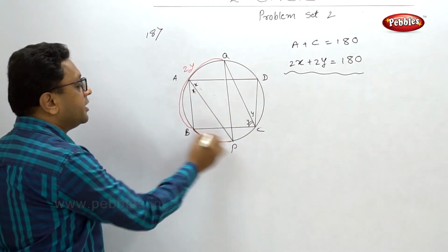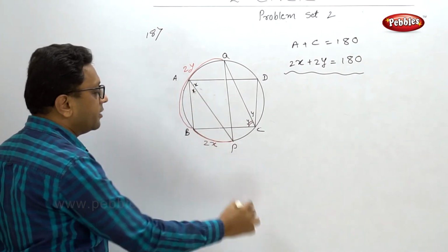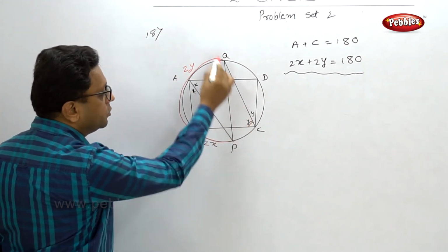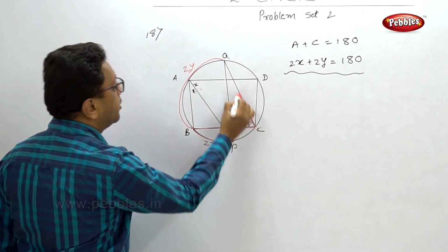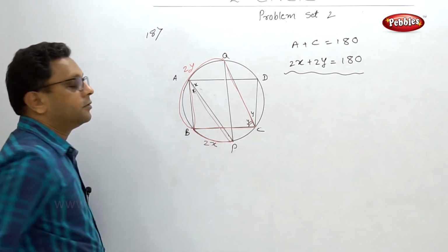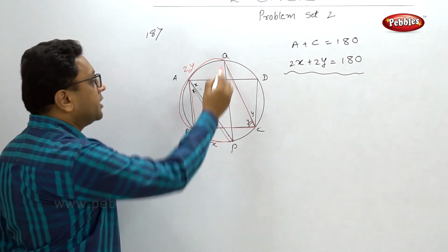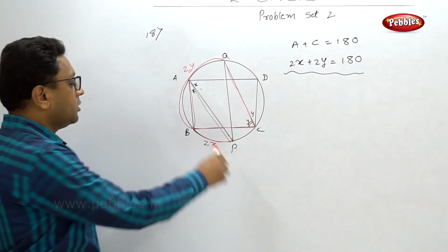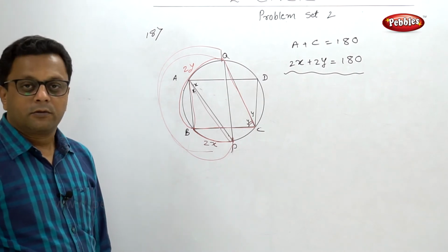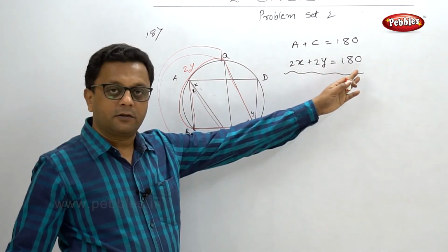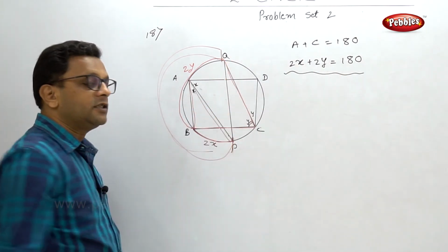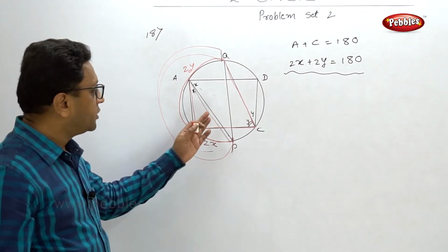This arc is intercepted by this angle, so the measure of this arc is 2x and the measure of this arc is 2y. Now by the addition of the measure of arcs, 2x plus 2y is nothing but 180 degrees, which is a semicircle, and so PQ is the diameter of this circle.